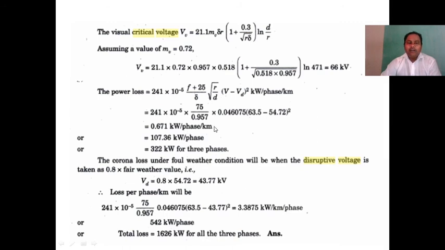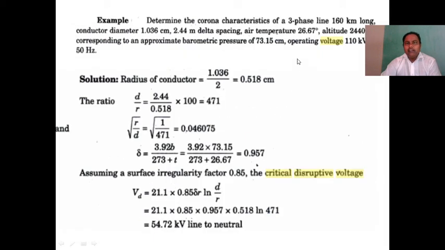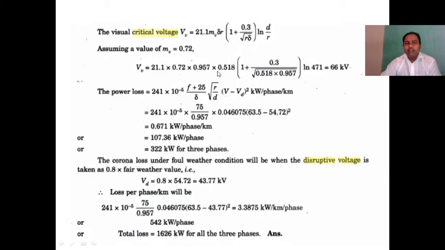Multiplying with the 160 kilometers given, we get 107.3736 kilowatt per phase. This is for a single phase. For three phases, multiply by 3, we get 322 kilowatt for three phases.